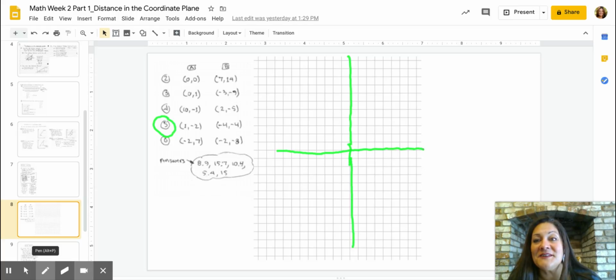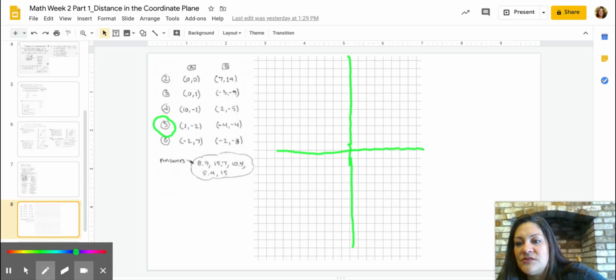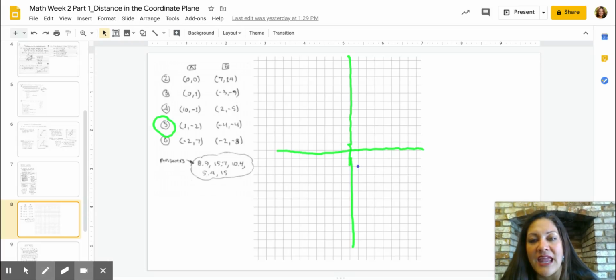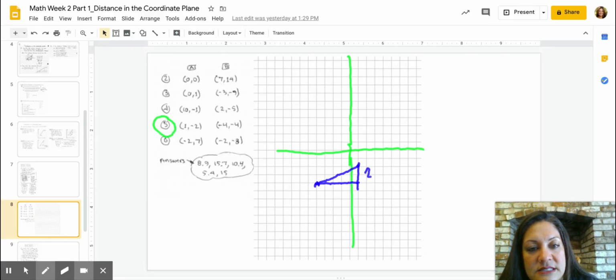So our first point is 1, -2. And there it is. And -4, -4 is there. Make a right angle here. There we go. So on this side here, I know that this is 2. And then this is going to be 5.